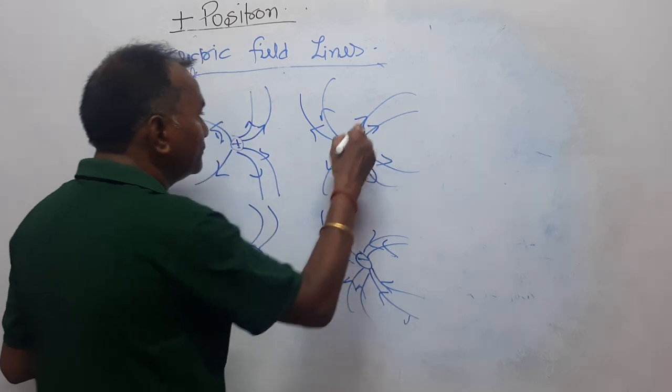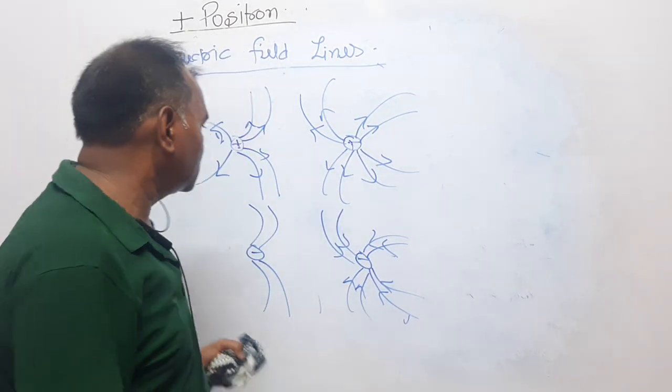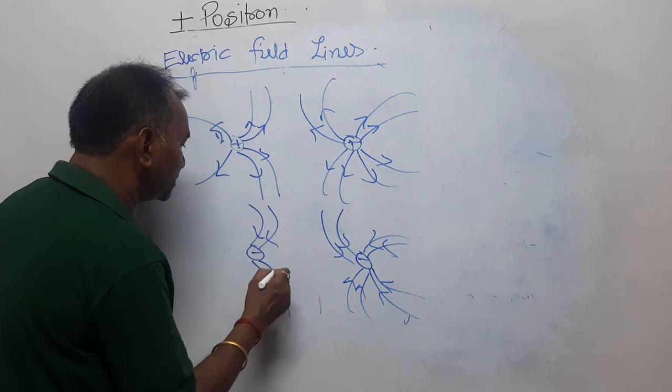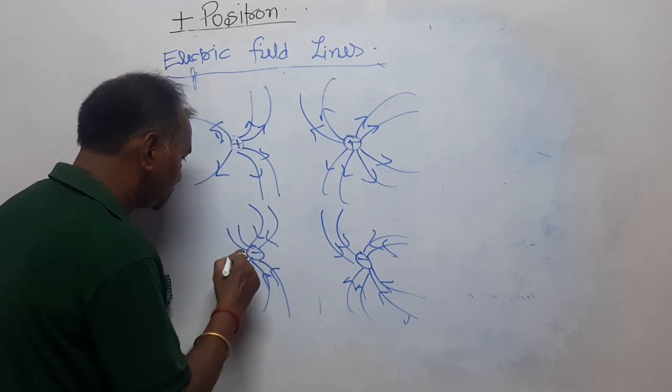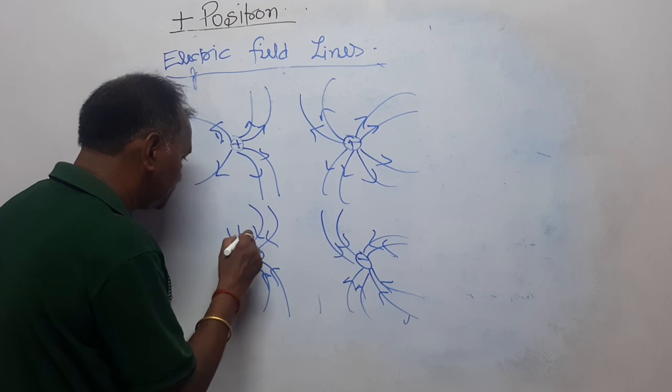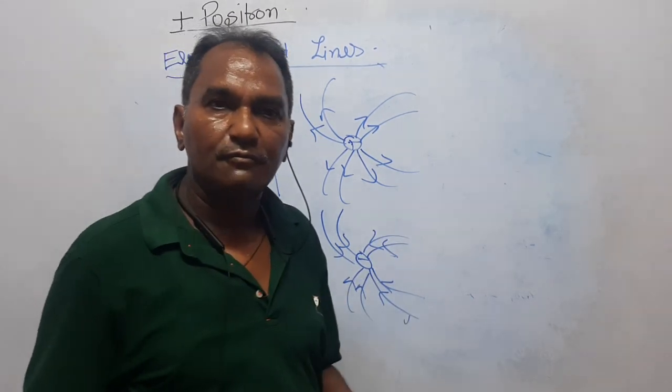In the earlier case, field lines were beginning from the positive charge. In the case of negative charge, field lines will end at the negative charge in this way, right? Dear students, this is the concept of field lines.